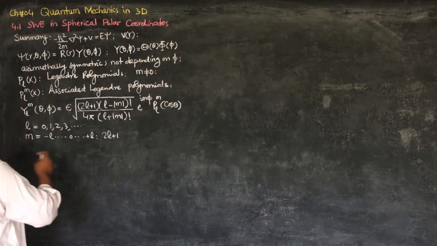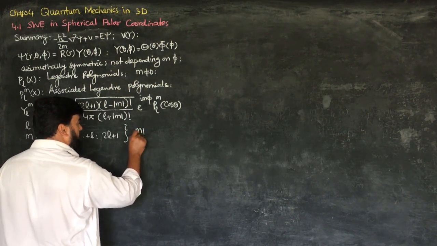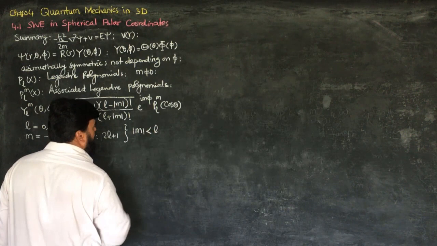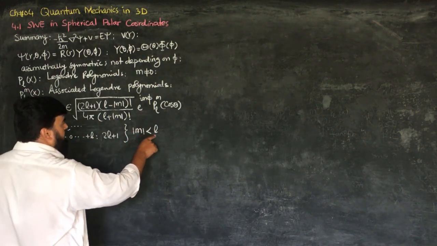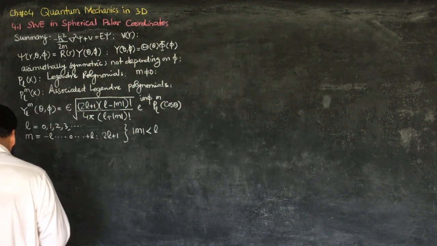We also proved that |m| will always be less than or equal to L, because for m greater than L the function was equal to 0.